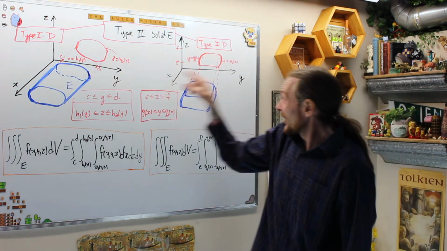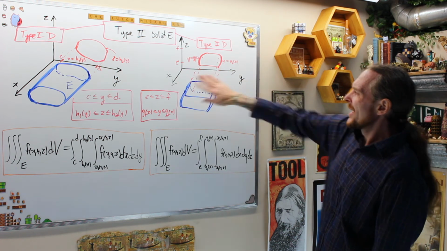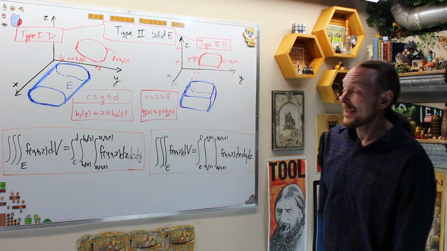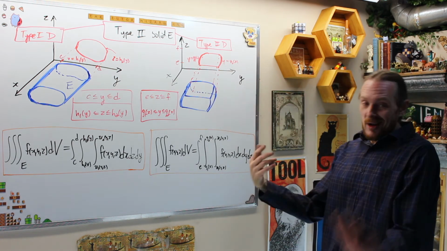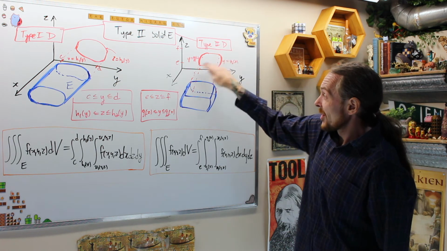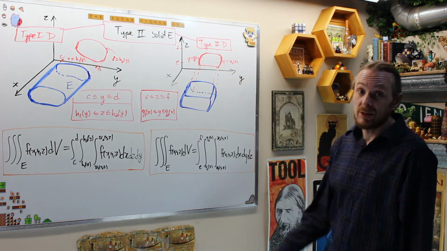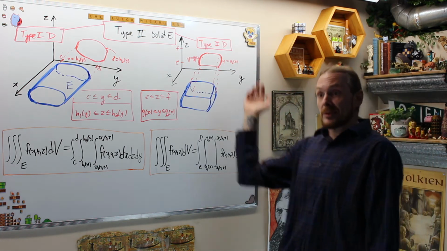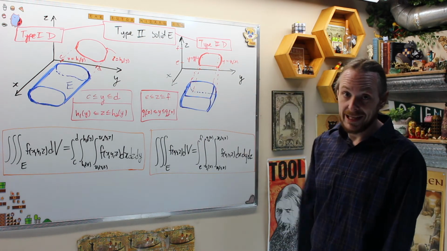And similarly, if we have a type 2 region, now we're viewing y as the dependent variable in the yz plane. Y is the dependent variable, and then we have to flip that on its head. X is gone anyway, so it doesn't really matter. Now what we're trying to view is, instead of the top and the bottom in the yz plane, we have the sides we're going to focus on for a type 2 region. And then we have a leftmost and a rightmost. We're going to draw that as the yz plane.